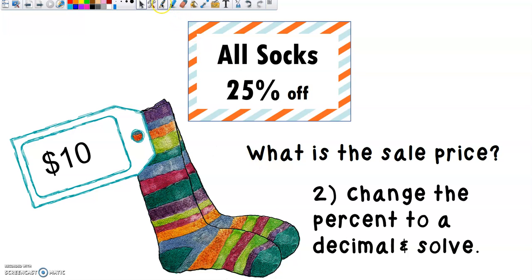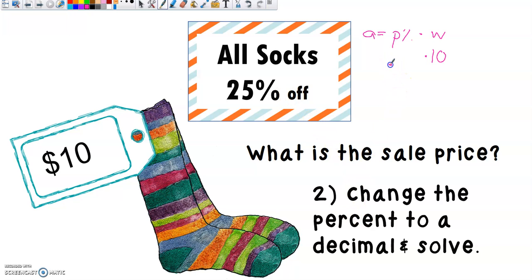So now that we know this, I'm going to write my equation down again. A equals percent times the whole. Well, the whole cost of my socks was $10. And I noticed that they are 25% off, and I need to write that percent as a decimal.